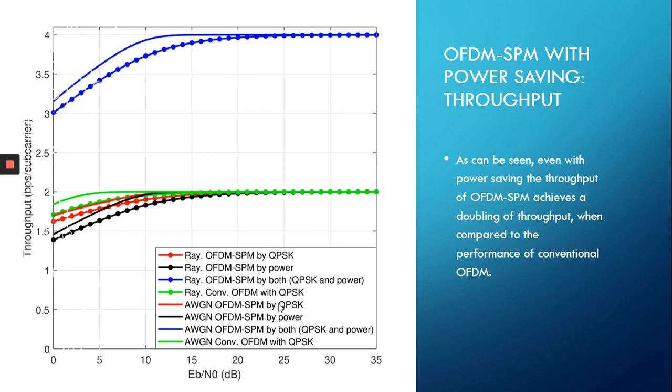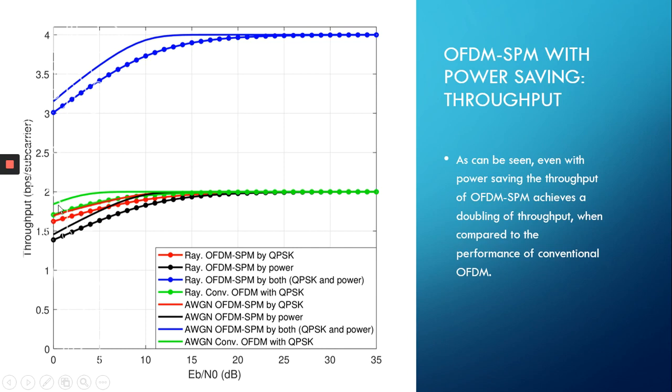So looking at the throughput, as you can see, the average throughput of OFDM-SPM in a Rayleigh channel is the blue line right here. And conventional OFDM, on the other hand, is the green dotted one over here. So as you can see, even from very low values of SNR, signal to noise ratio, the throughput of OFDM-SPM is much better than that of conventional OFDM.